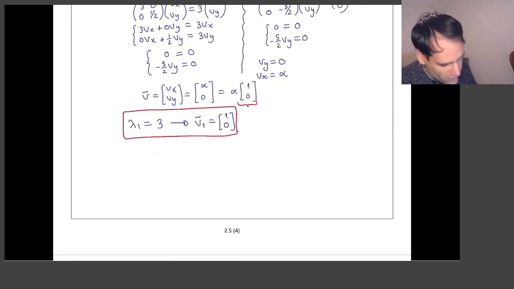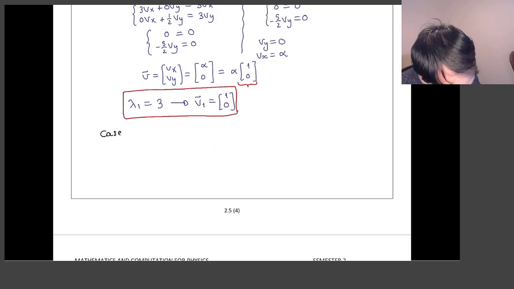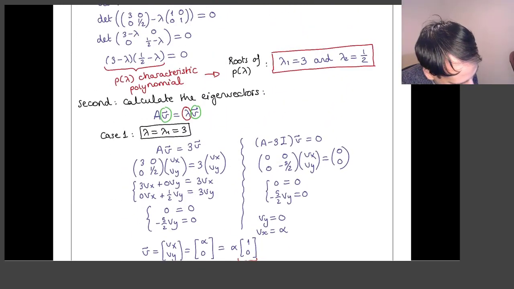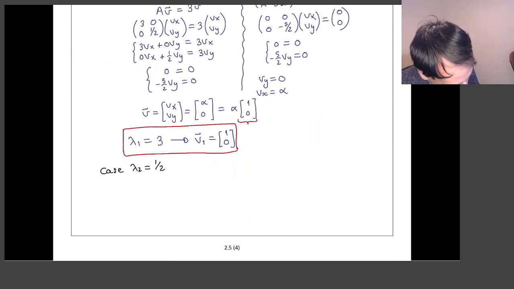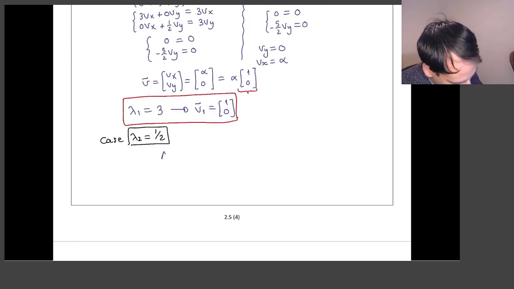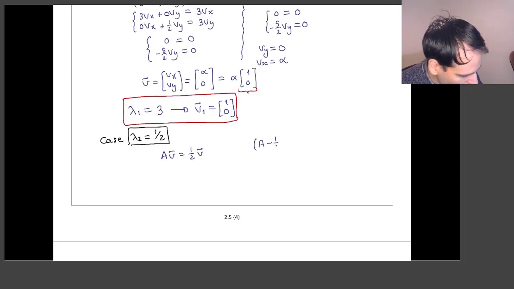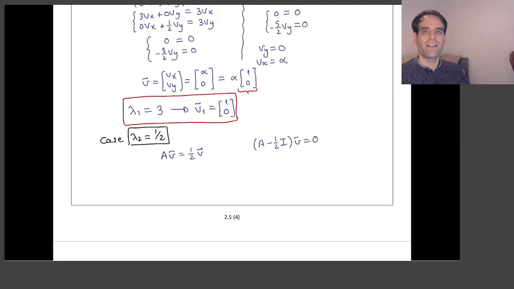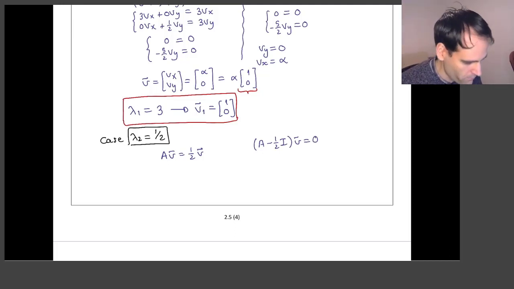Next we have to do case 2, which is the second eigenvalue, 1/2. So now we need to solve, again, the same system: either A times V equals 1/2 V, or the equivalent system, A minus 1/2 identity matrix times V equals 0. They are equivalent, so we can choose to solve one of them.